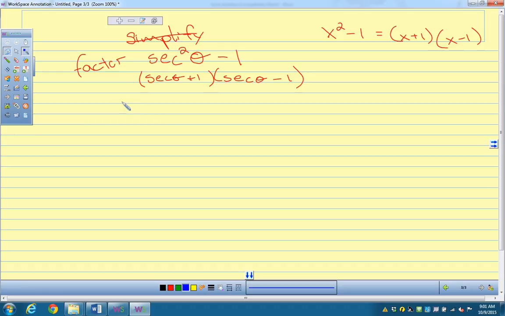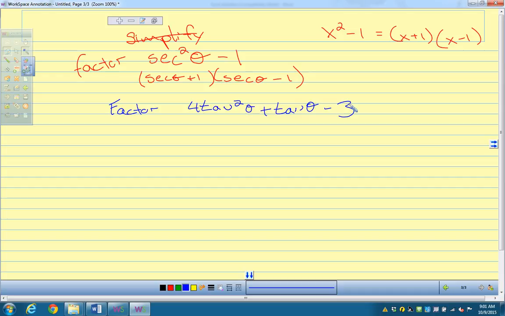Factor 4 tan squared theta plus tan theta minus 3. You should be good at factoring, sir, since you're in advanced class.